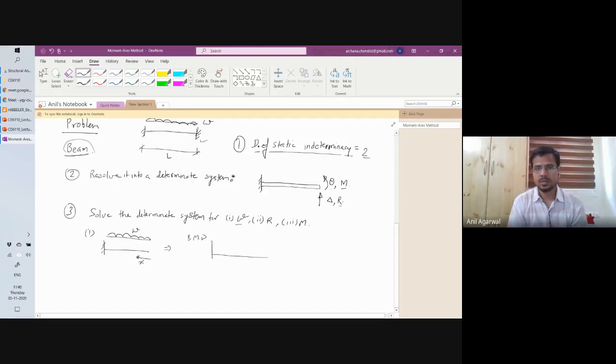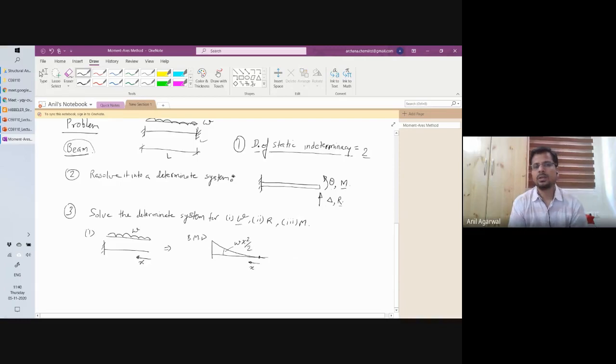So W x square by 2, plotted on the top. For a moment, I was thinking it's going to give me a perfect tangent, but later on, it just slipped away. Please assume that the beam is only up to here. So X is here. If I try to erase, it will erase the entire line. I cannot erase that small portion. Fine. So this value is W x square by 2.